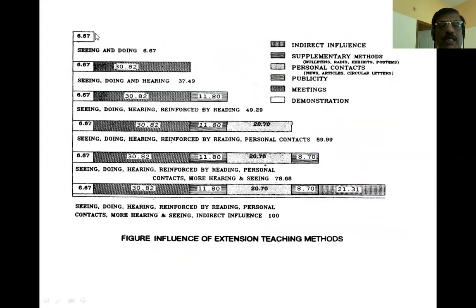See here, you can see the percentage of information retained. This is one of the important experiments conducted. Just by seeing, 6.7%.